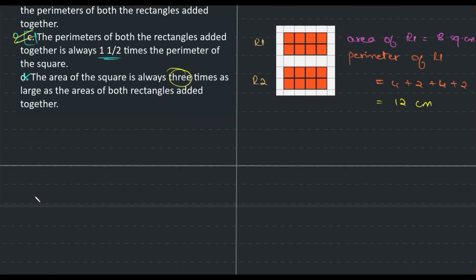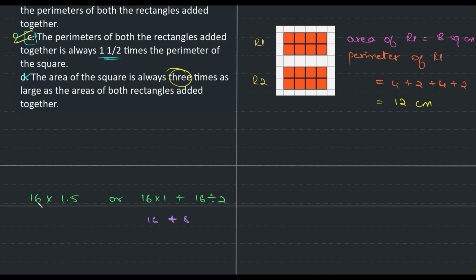Because 16 into 1.5 times, or if you want to see this as 16 into 1 plus 16 divided by 2, this is what 1.5 looks like. So this will give us what? 16 plus 8.